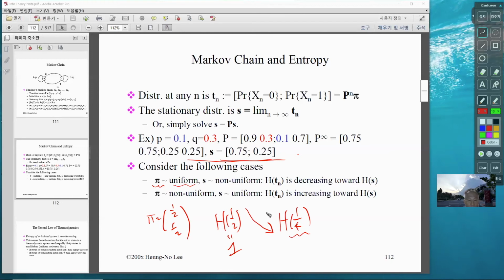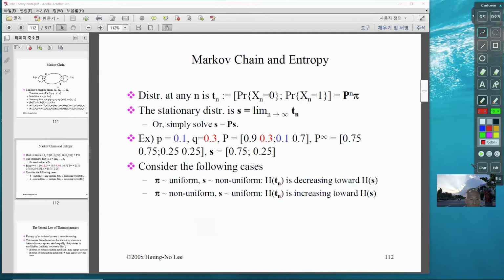Okay, you can also have an increasing case. So for example, let's say we have an initial distribution. Let's have a pi which is equal to a non-uniform distribution. So I want to make it extreme.